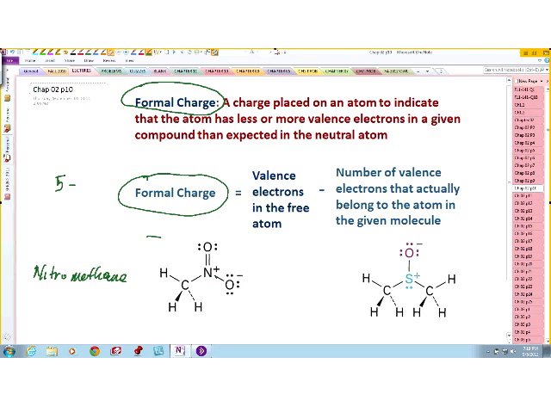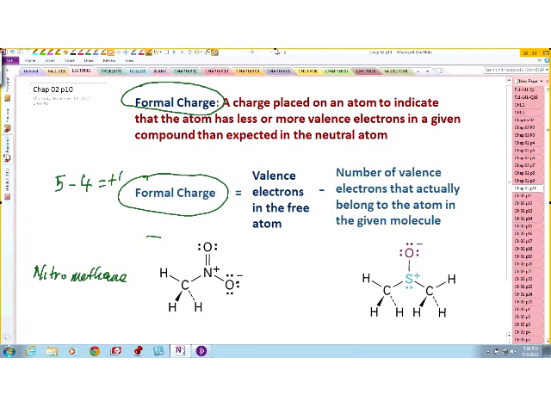Not sharing. How many? 4. Okay, 1, 2, 3, 4. Actually belong to it, not sharing. We're not talking of sharing now. So that becomes 5 minus 4 equals plus 1. So you place a plus 1 charge on that nitrogen.